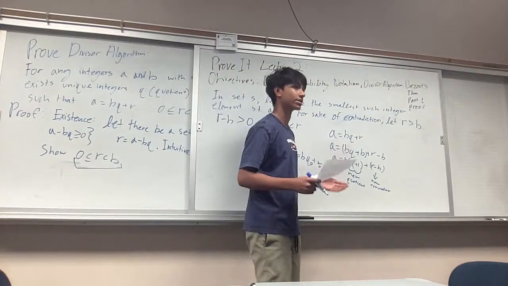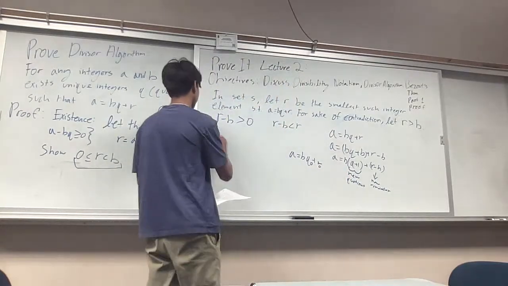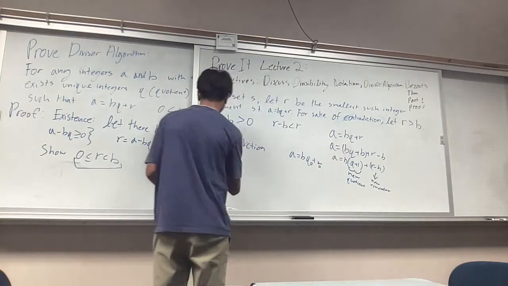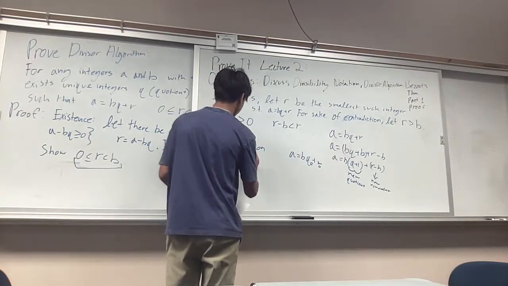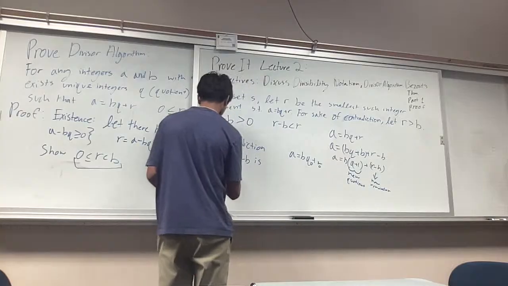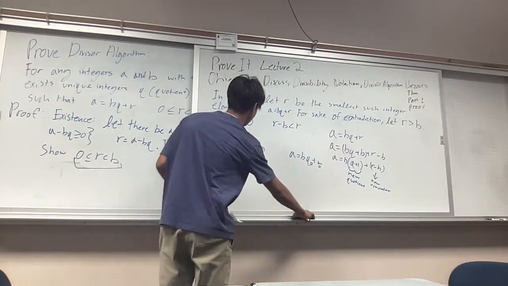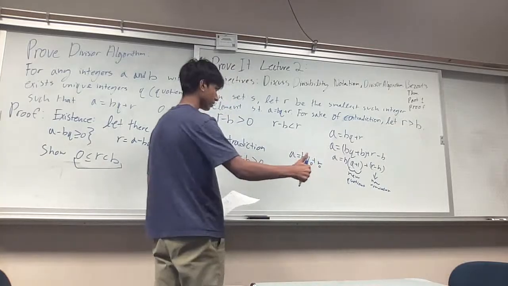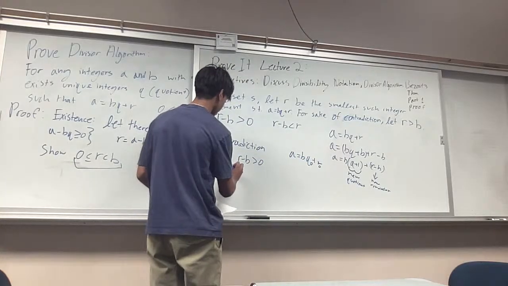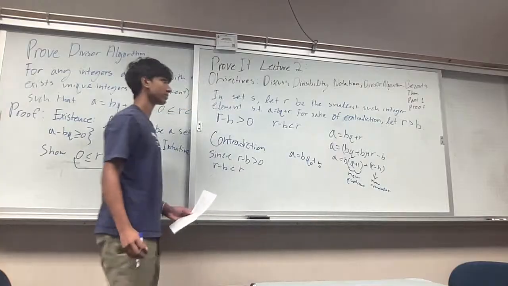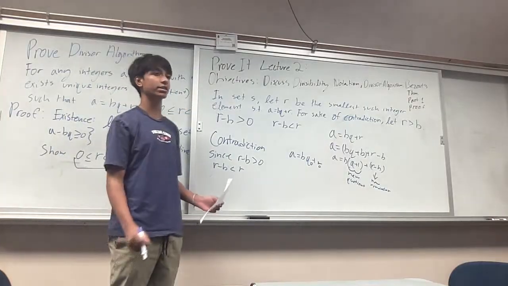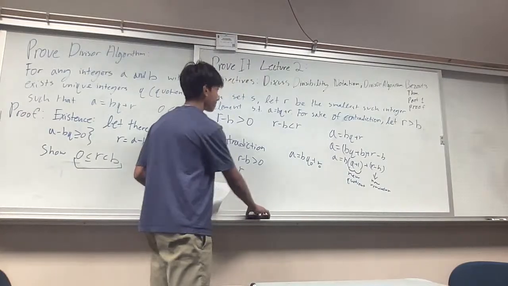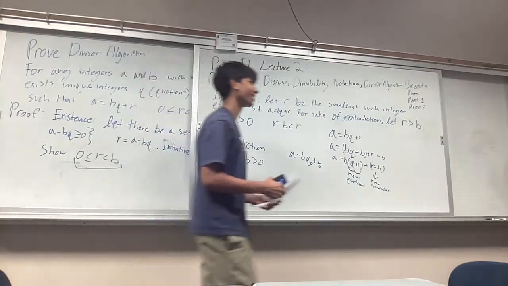That's a contradiction. r minus b is a positive integer that is smaller than r. r can't be the smallest such integer then. Contradiction.